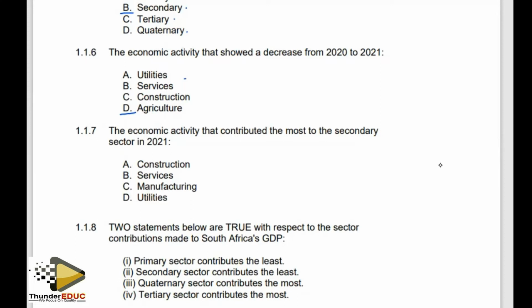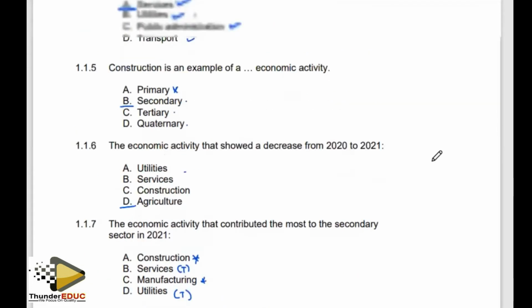Firstly, we have construction and we have manufacturing, because we know services falls under tertiary, and utilities as well fall under tertiary. So our focus will be on these two to find out which one contributed the most to the secondary sector. So we're going to compare construction and manufacturing.